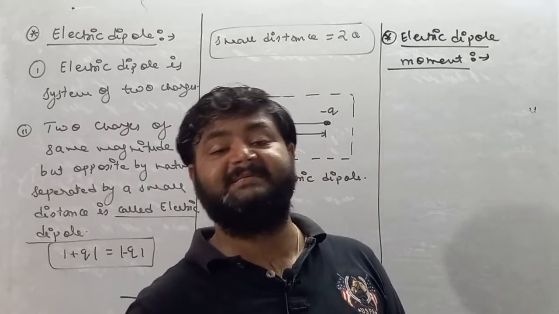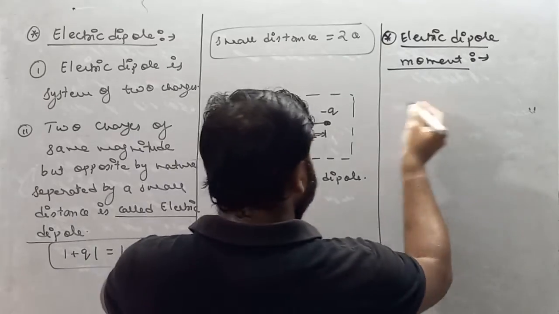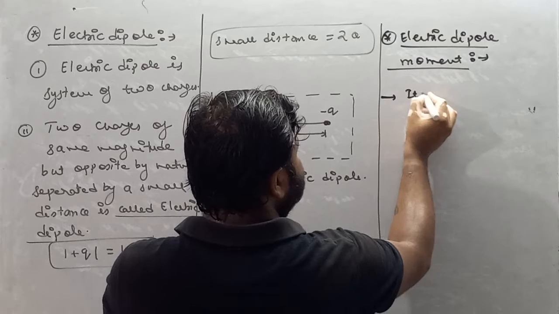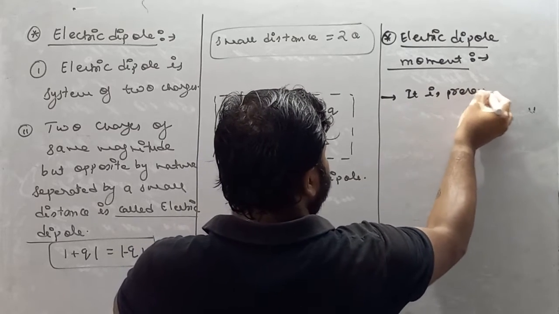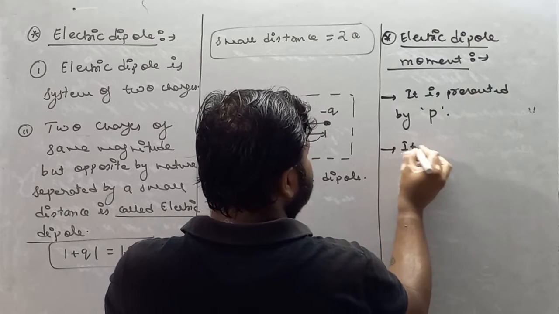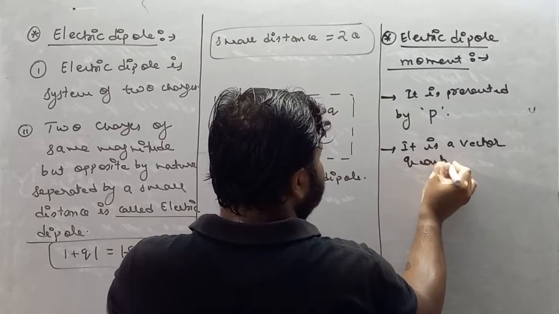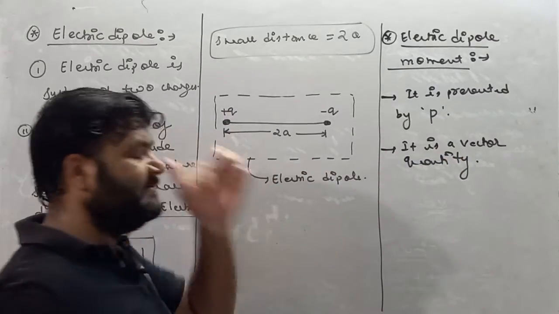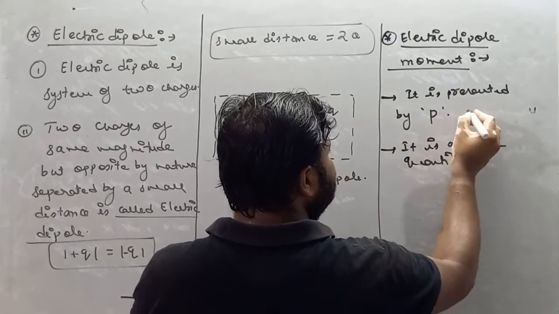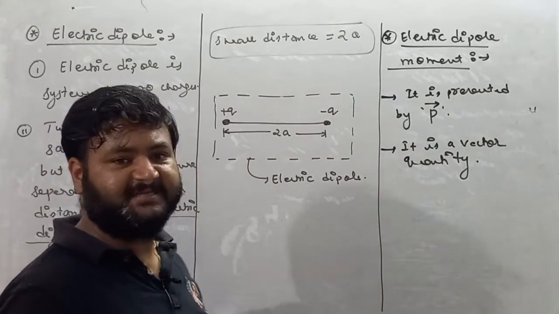Electric dipole moment is presented by P, dear student. Second thing, it is a vector quantity. So we'll put a vector sign, then it is said to be P vector.